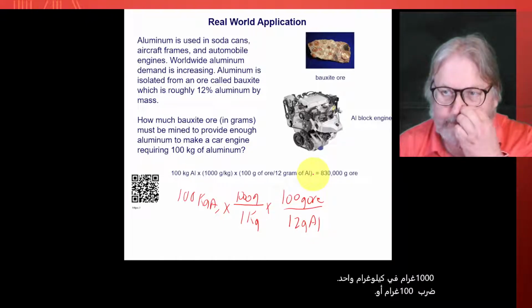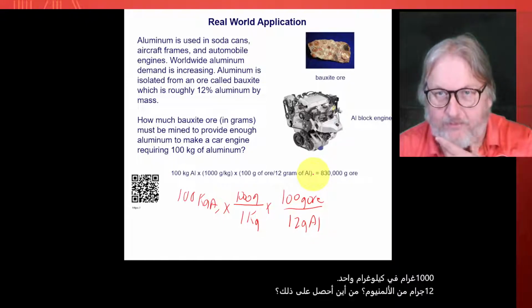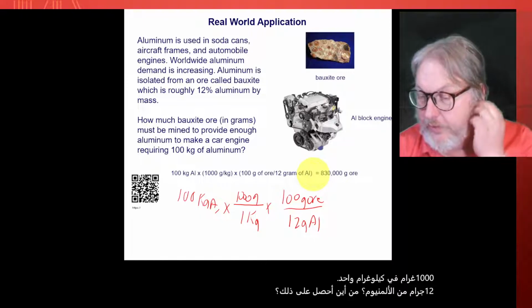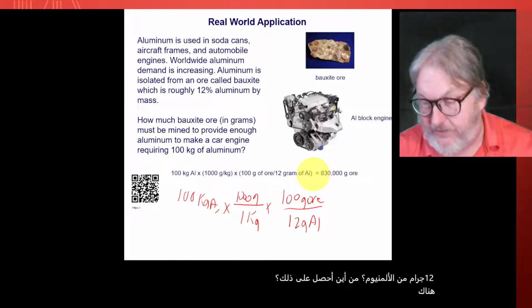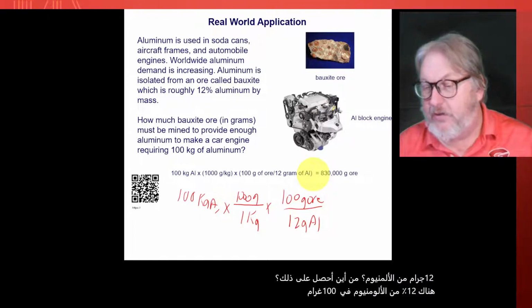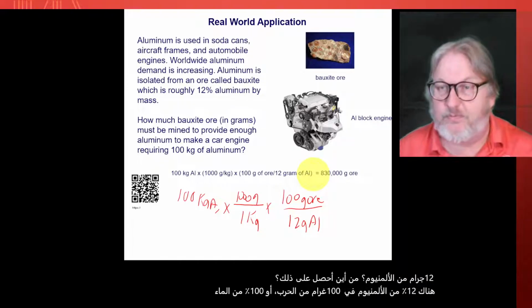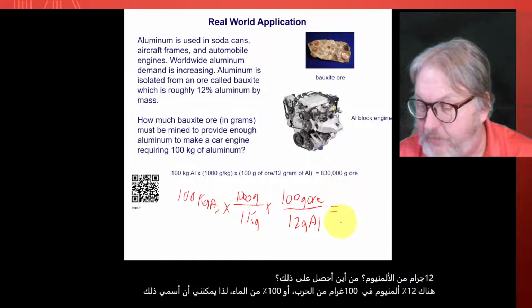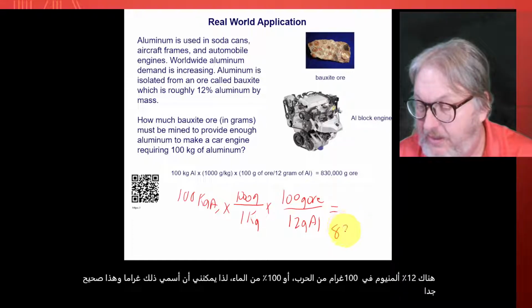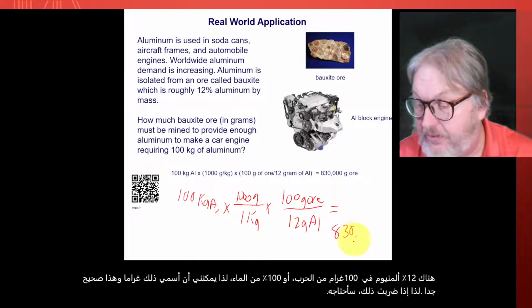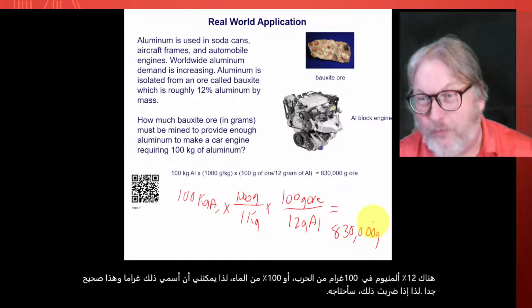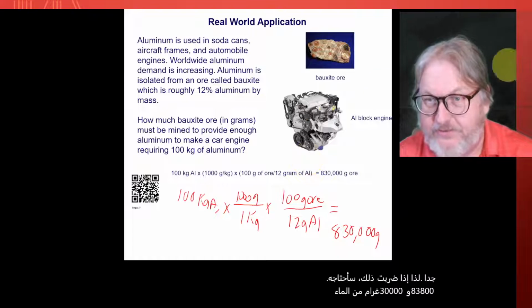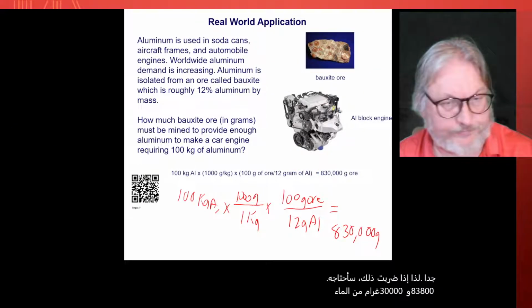Where did I get that? Well, there's 12% aluminum in 100 grams of ore. If I multiply that out, I'm going to need about 830,000 grams of ore. That's a lot of ore. That's 830 kilos. That's a bunch.